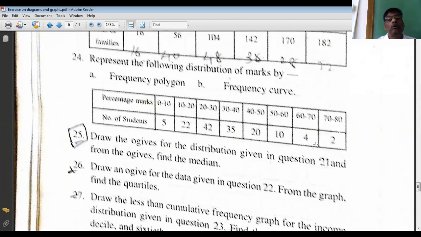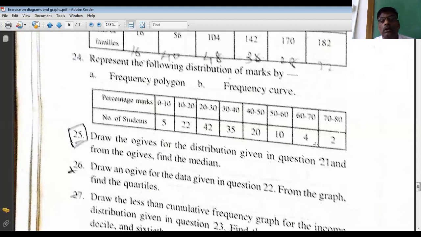Frequency polygon means you draw a histogram, then draw the straight lines, the polygon. Frequency curve means first you draw the histogram, then draw the freehand curve. Two diagrams you have to prepare. One is the frequency polygon, second is the frequency curve. I will solve this type of problem.